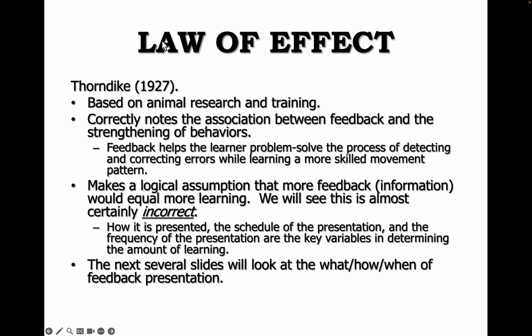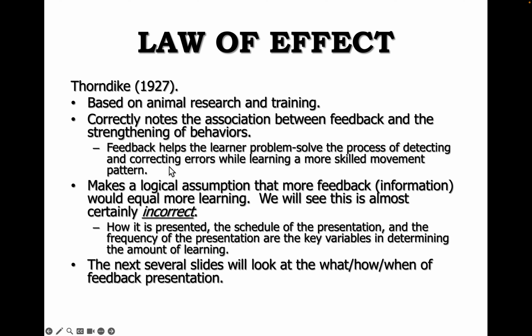So one important piece of background information that might give us some more information about feedback is the law of effect. Thorndike, in a study in 1927, mainly focused on research looking at animals and training those animals. What he noted with his studies is that there's an association between feedback and the strengthening of behaviors.